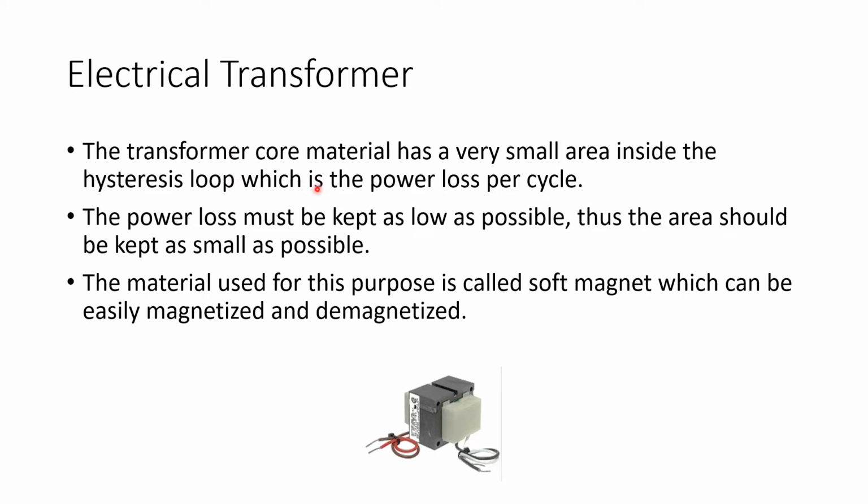Because if the transformer is losing all the power that there is in the world, it won't be transforming the power, yes? So therefore, the transformer core material, okay, subjected to the magnetization or magnetic field is going to give you a very small hysteresis loop. Okay? Why? Because it's trying to retain the power.